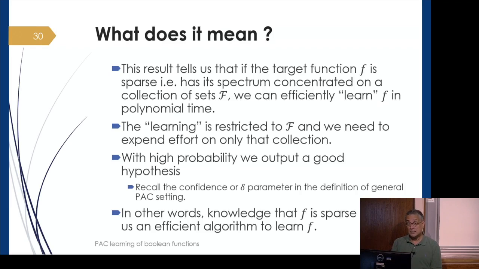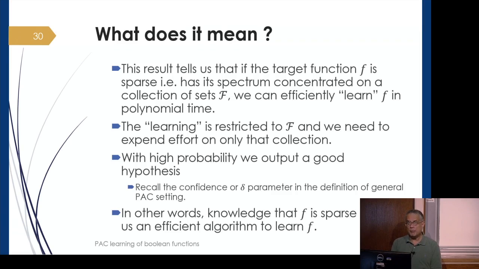As a result, sparsity, in the sense that we've been quantifying through the Fourier spectrum and through the concept of being concentrated on a few variables, is very important, because if indeed a given function, in our case a Boolean function, is sparse, it means that we are able to learn it well and learn it extremely efficiently.